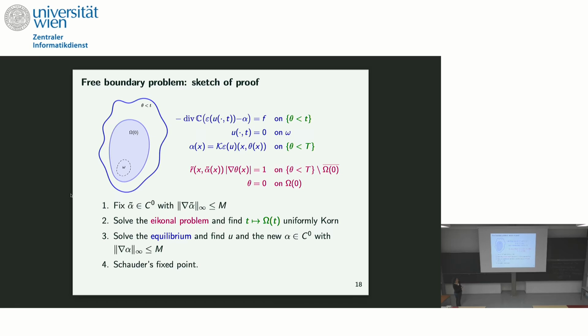This gives you theta, and then it also gives you the sets Omega_t. Once you have your sets Omega_t, you solve the elastic equilibrium there, and you compute the new alpha. Then you have to show that the map going from alpha tilde to alpha satisfies all the assumptions of Schauder's fixed point theorem.